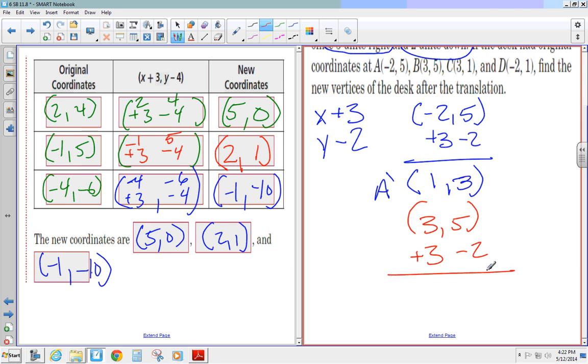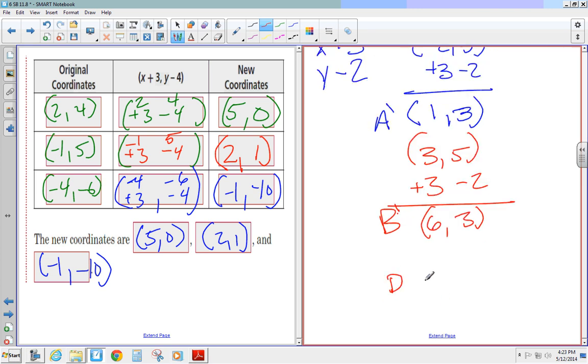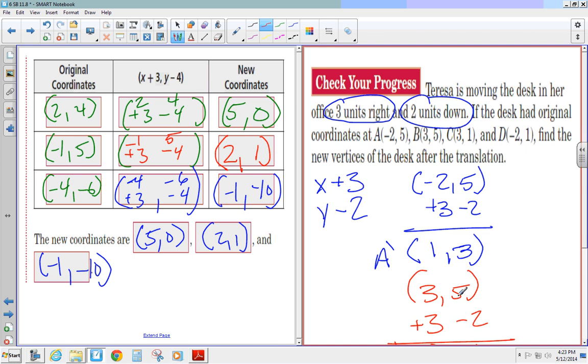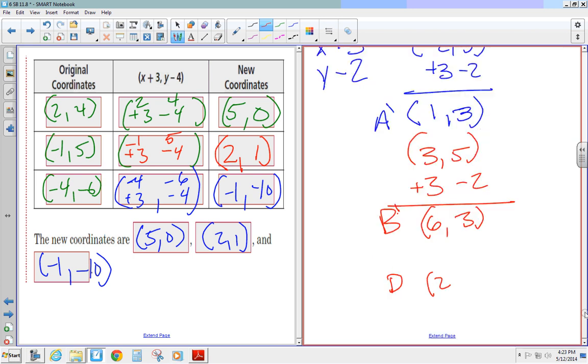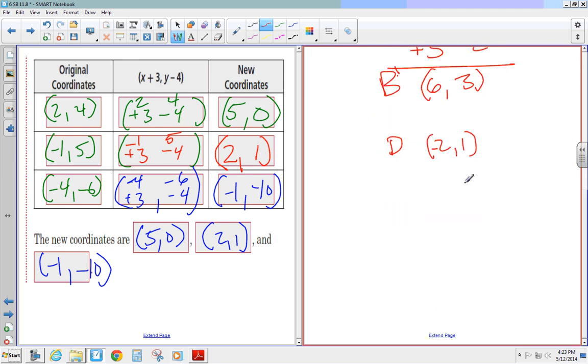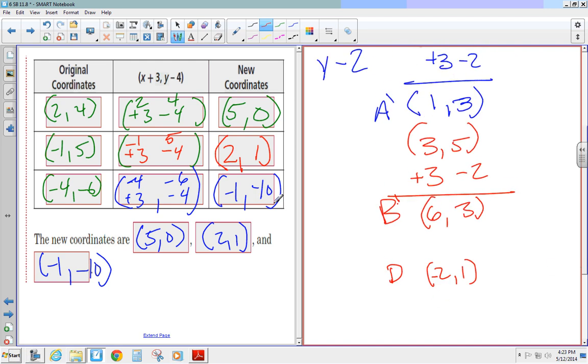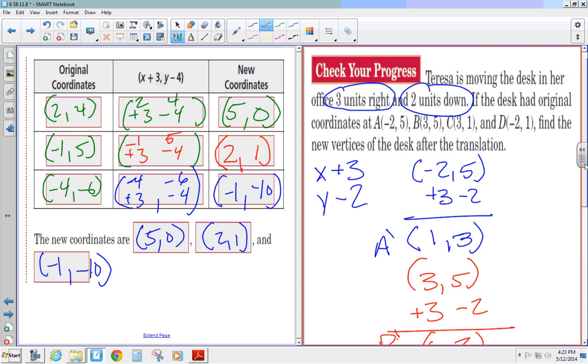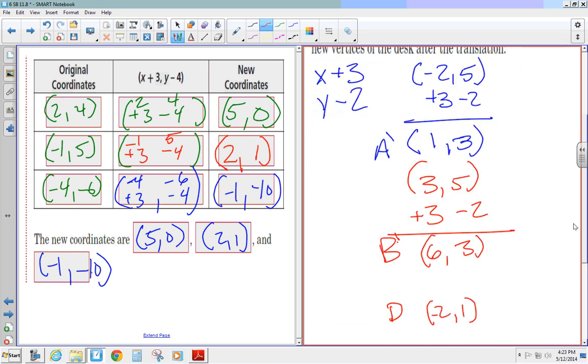We're subtracting from y because it's down. 3 plus 3 is 6. 6, 3 is my new image of B. D was, I think, negative 2, 1. Oh, I see. There's a C in there as well. All right, so D is negative 2, 1.